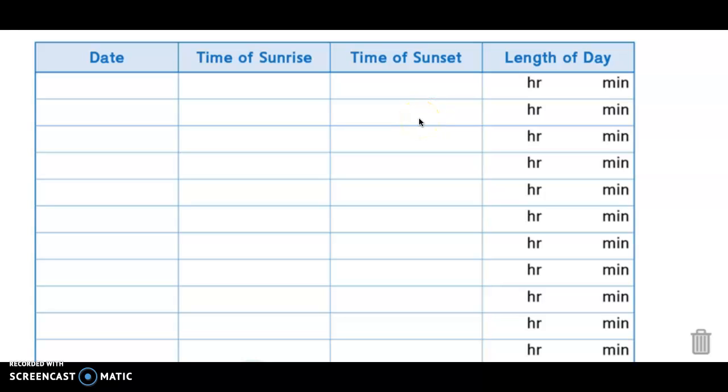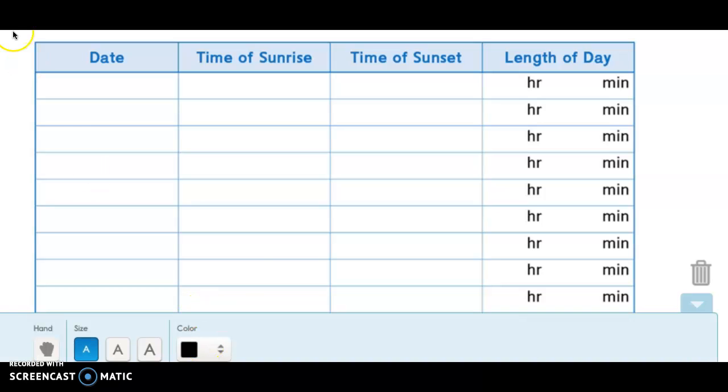Do you think the length of day is the same every single day? It's not. If you notice that the sun comes up later and later every morning, and it sets earlier and earlier every night, you are right. It's getting darker sooner. So the time of sunrise and sunset changes each day, and we're going to track it one day every single week.